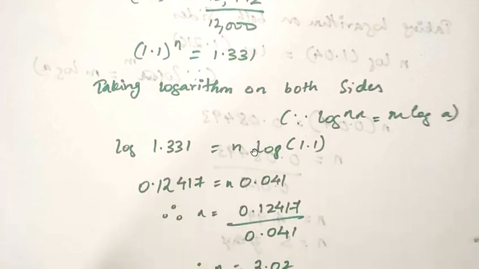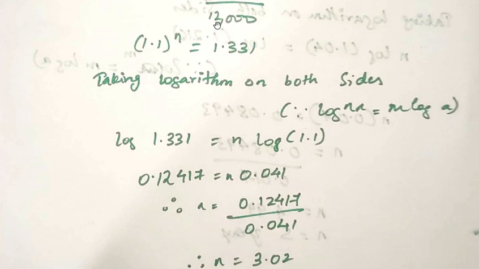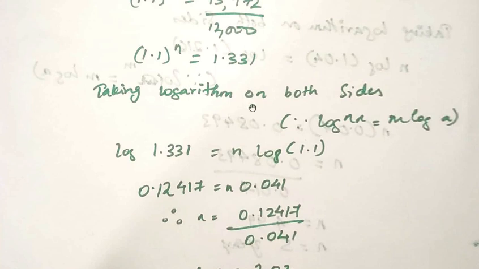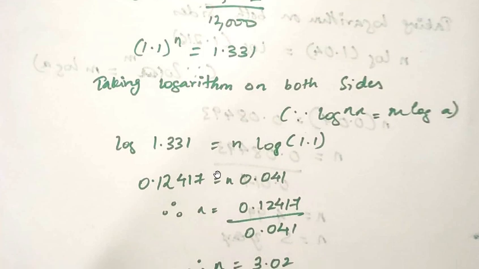So taking logarithms on both the sides, it can be put as log 1.331 is equal to n, so your power will come down, n log 1.1. Now you are supposed to find the value of log.